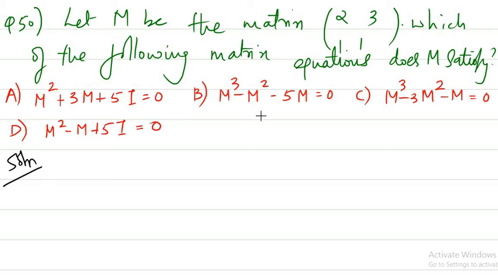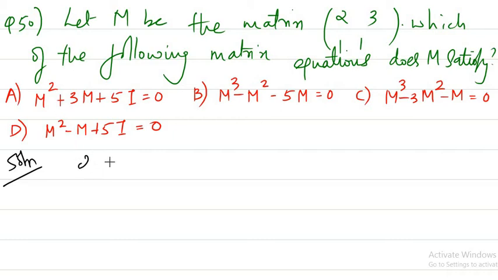Looking at this problem, what comes to my mind is basically the Cayley-Hamilton theorem. I think the same thing should come to your mind also. So we need to decide about the eigenvalues first, and then we should use the Cayley-Hamilton theorem so that we can find the answer in this case. So let's do the problem.